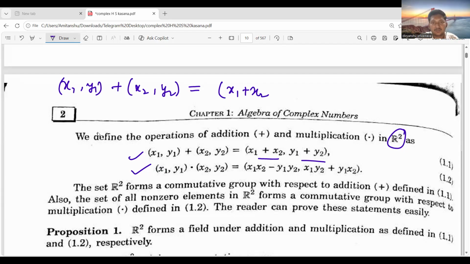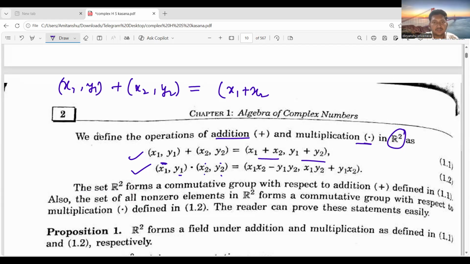And when you go for multiplication, you multiply x1 with x2 and y2 as well, and y1 as well. These are both the operations of addition and multiplication in R square.